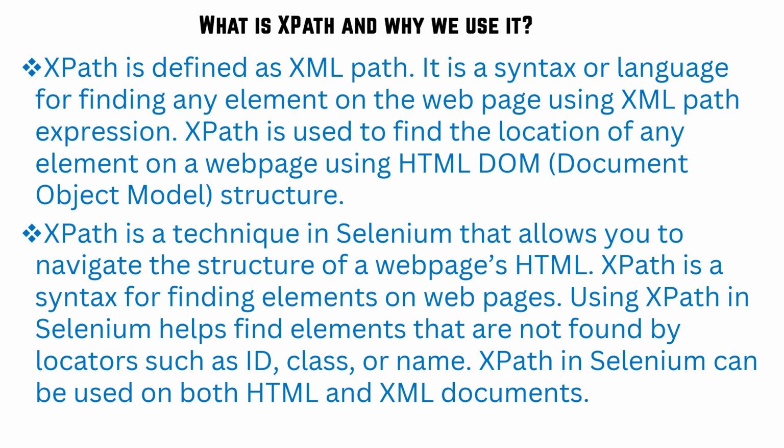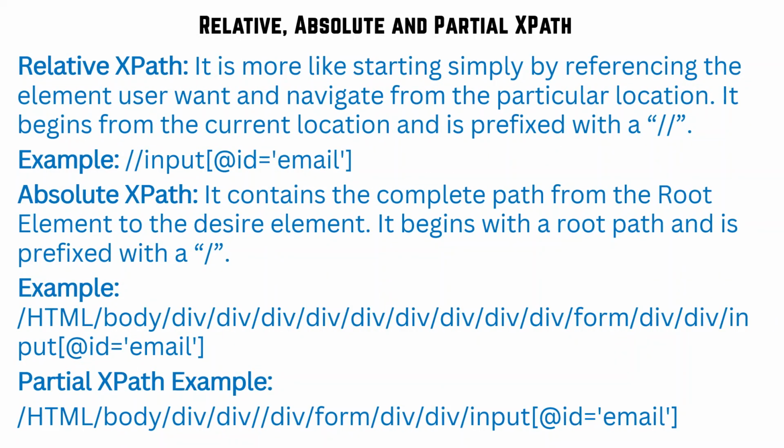Using XPath in Selenium helps find elements which are not possible to find with traditional locator techniques like id, class, name, all this stuff, or maybe those are available, but still those might have static and dynamic components present. So XPath in Selenium can be used for both HTML and XML documents as well.